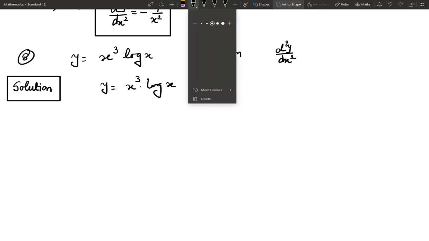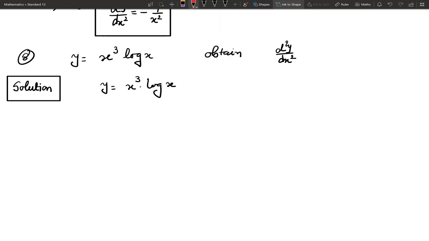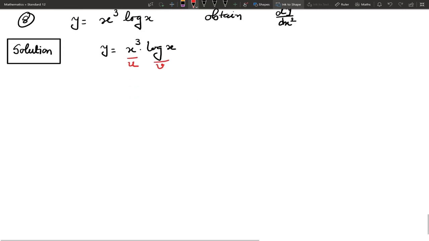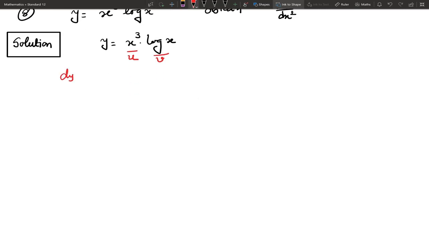So when we evaluate first order derivative dy by dx, we have to use product rule u into v form. So u into derivative of v plus v into derivative of u. So dy by dx, u as it is, derivative of log x with respect to x 1 upon x plus now log x as it is, derivative of x cube 3x square.